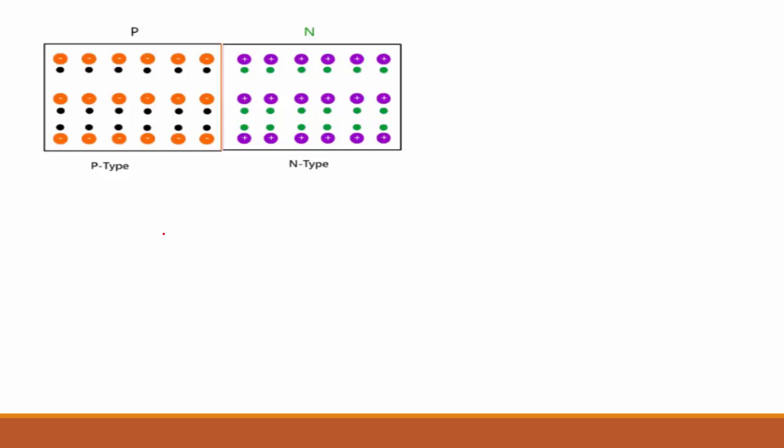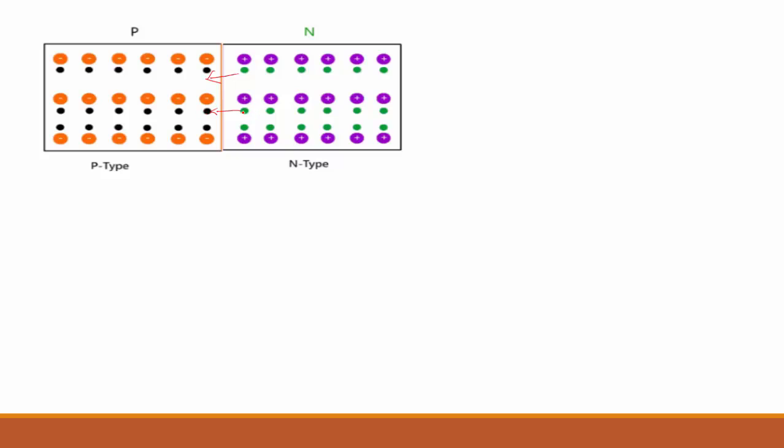Now consider the P-type and N-type, and I apply a small forward voltage across the PN junction. What happens? The electrons sitting in the N-type region get energized and try to move into the P-type region, because there is empty space there, holes are available in the P-type region. These electrons jump across the region and recombine with the holes.